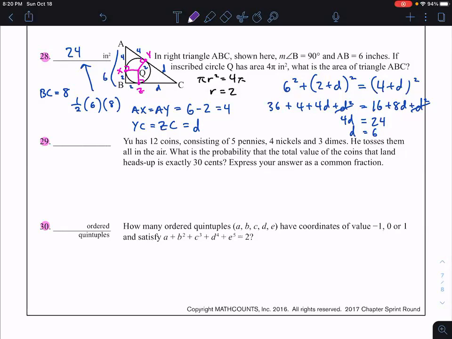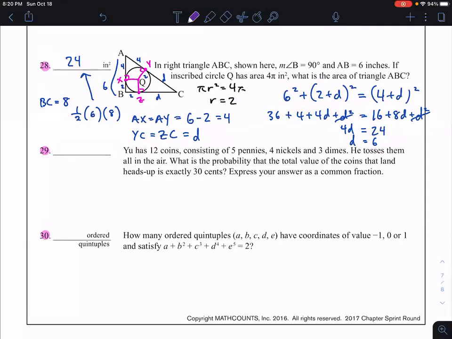So one case is that you get 3 dimes that are heads, and that means that the rest are all tails. So there's only one way of doing this. The next case is you land heads for 2 dimes and heads for 2 nickels.